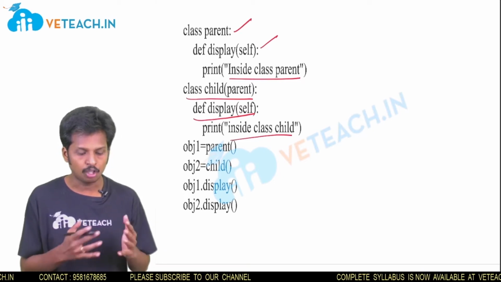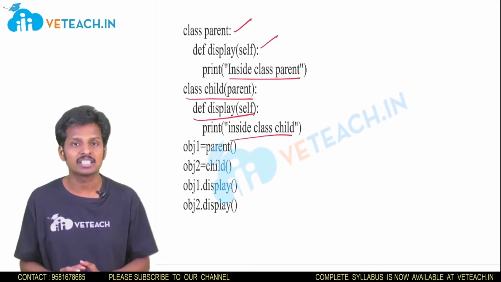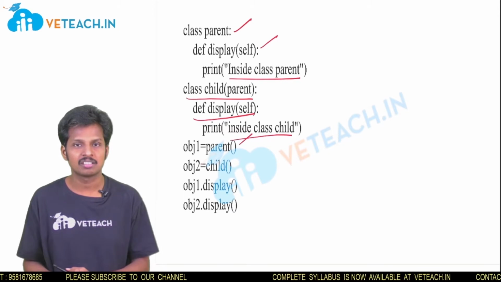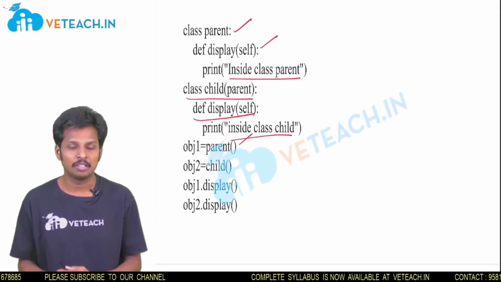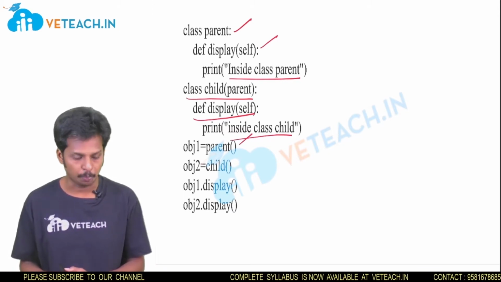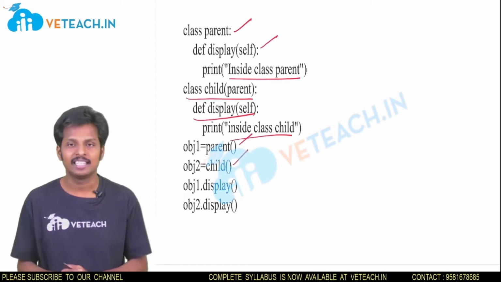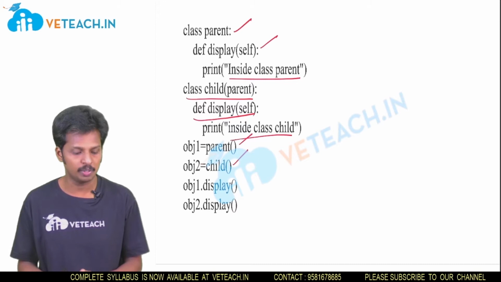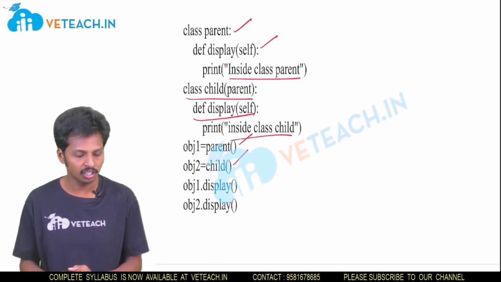And then after all the classes, we are creating objects for both the classes, parent as well as child. obj1 is equal to parent, obj2 is equal to child. And then we are calling the display methods by using both the objects, obj1.display and obj2.display.